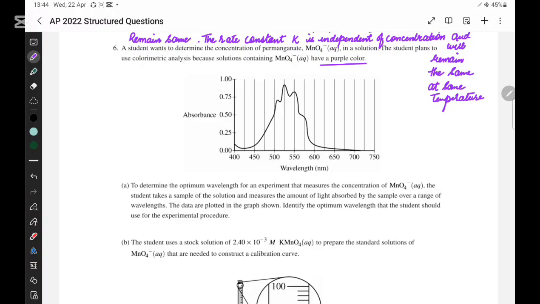The data are plotted, and we identify the optimum wavelength. Optimum wavelength is going to be the one at which the curve is at its highest position. That's going to be this point, which is 525 nanometer. So the answer is 525 nanometer.